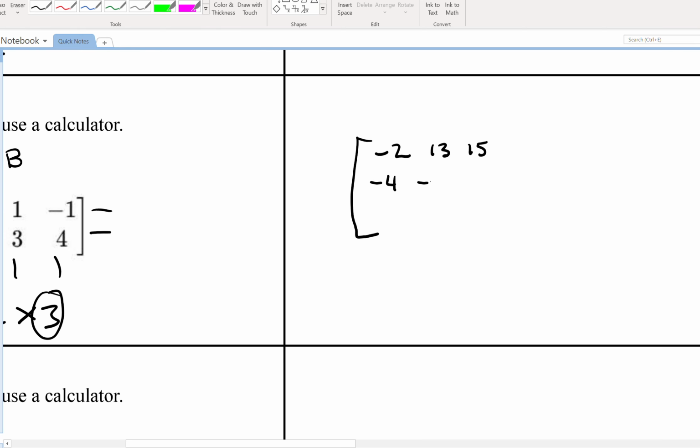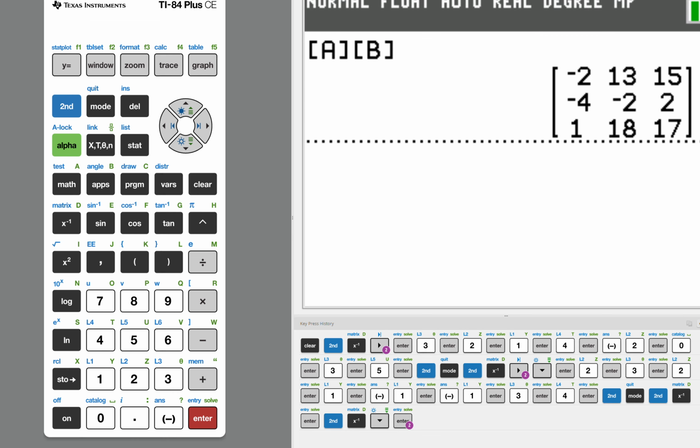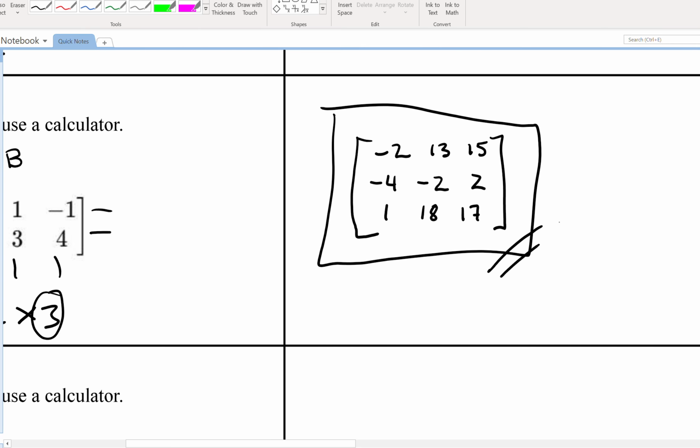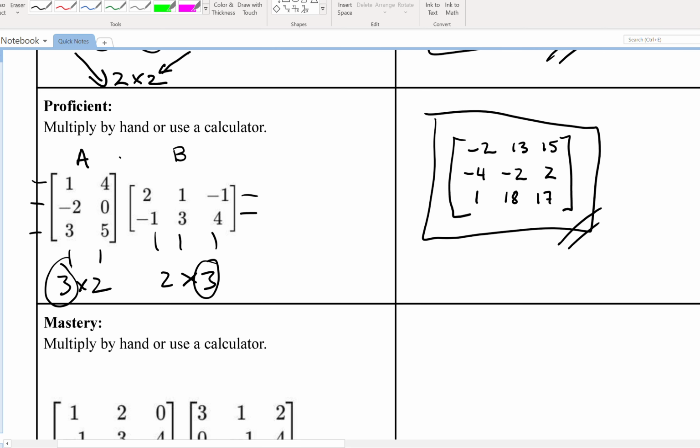And then 1, 18, 17. And that is what this would look like, multiplying it with the matrix, with the calculator.